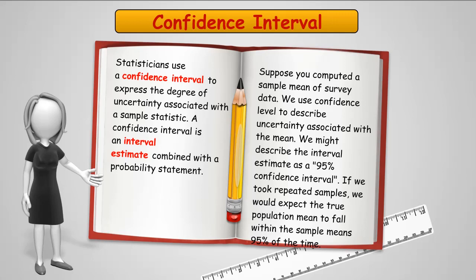We would use the confidence level to describe the uncertainty associated with the average: what percentage of people are going to vote for candidate 1 versus candidate 2? We might describe that interval estimate as a 95% confidence interval. What we mean by that is if we took repeated samples over and over again, we would expect the true population mean to fall within the sample intervals 95% of the time.